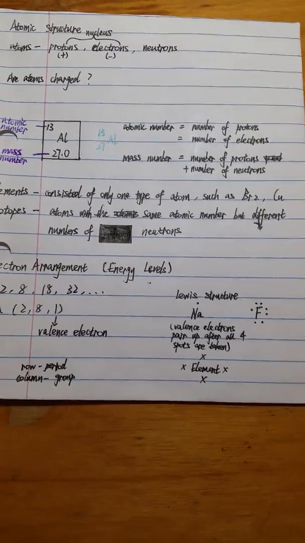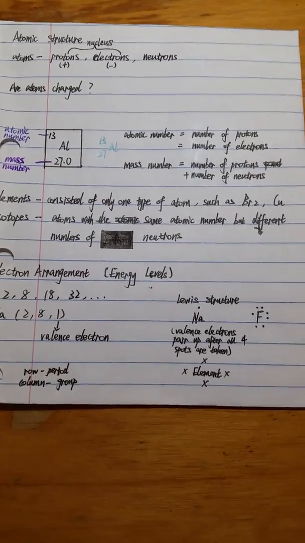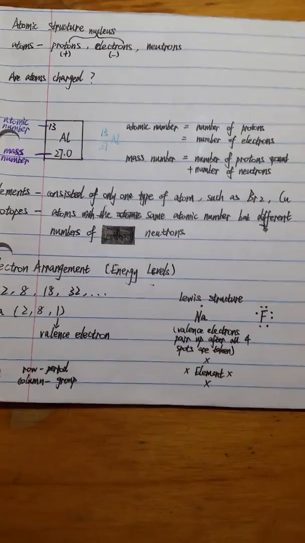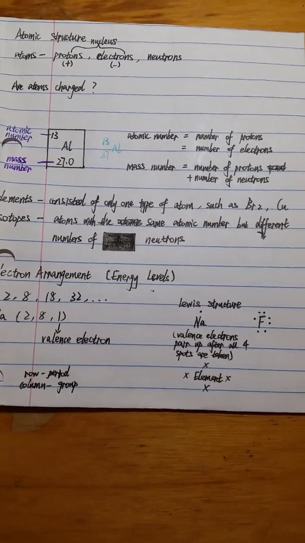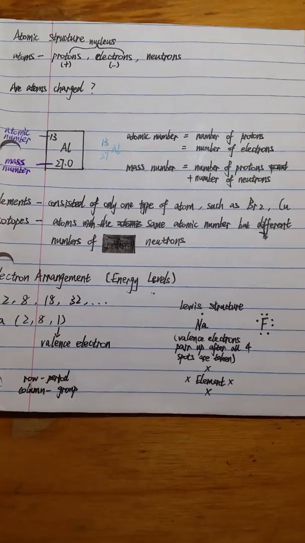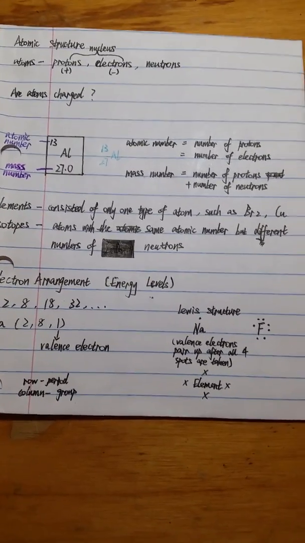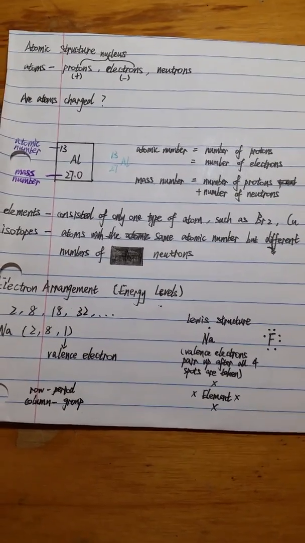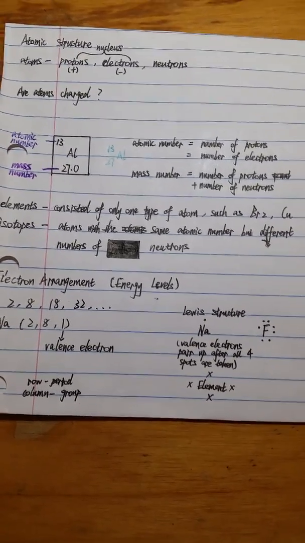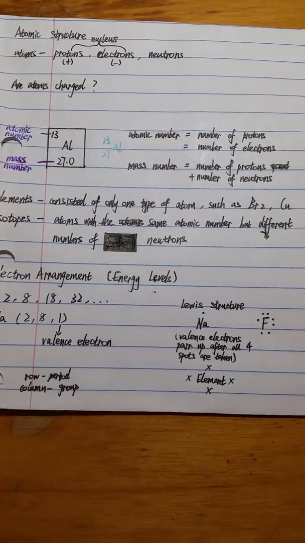On the periodic table, across a row, it's a period, and down a column, it's a group. And cations form when an atom loses electrons, and anions form when an atom gains electrons.